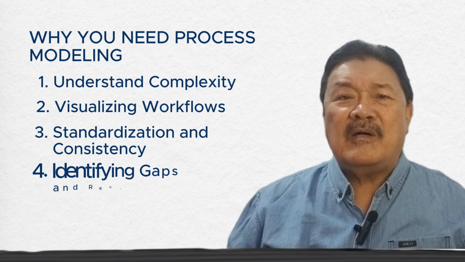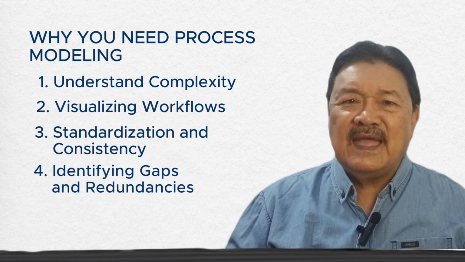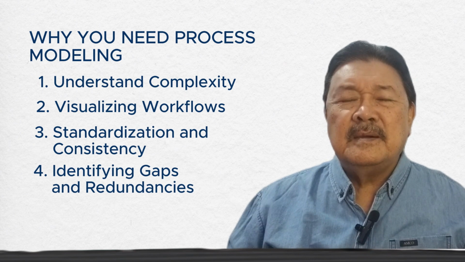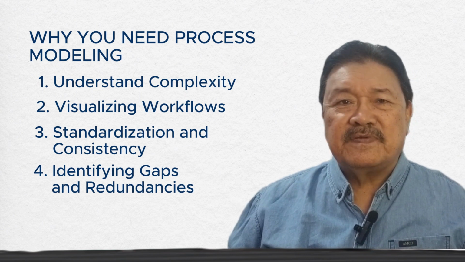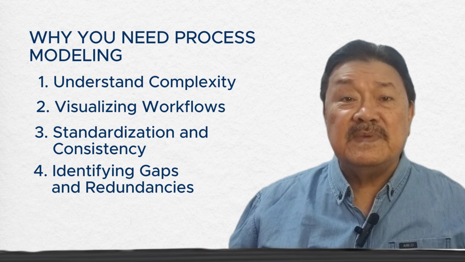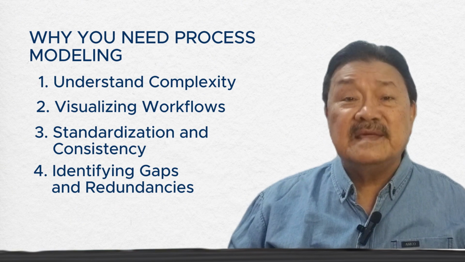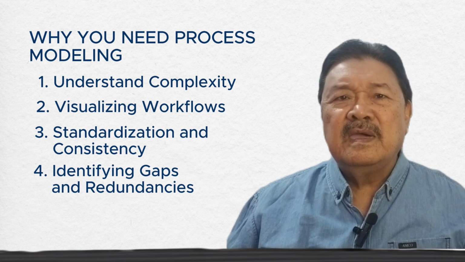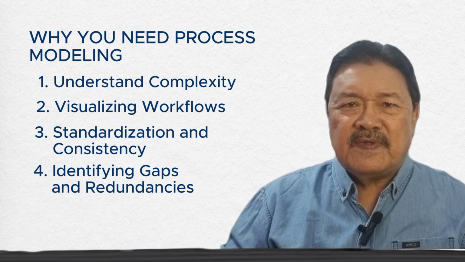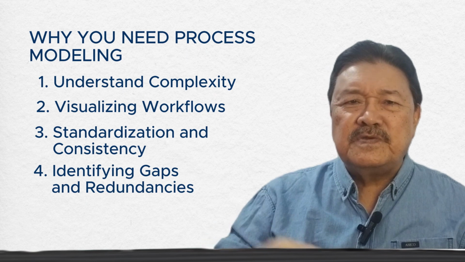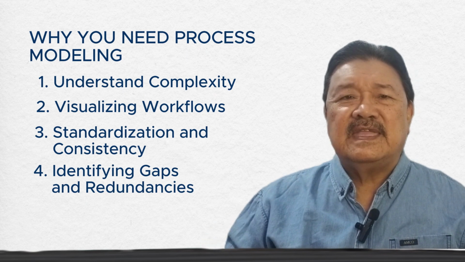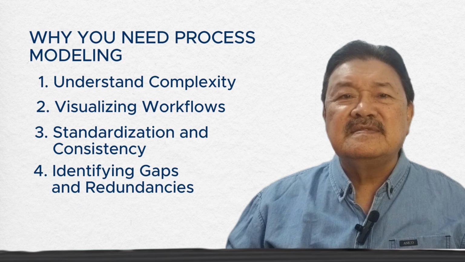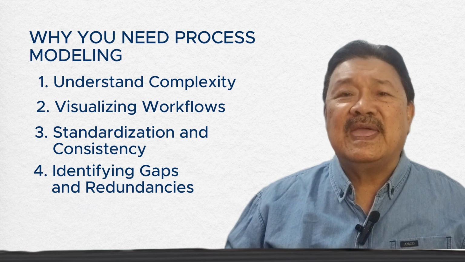Now, number 4, identifying gaps and redundancies. Models highlight gaps, which are essentially missing steps, and redundancies, which are repetitive steps. So fixing gaps ensures nothing falls through the cracks, and eliminating redundancies will save you time and resources.